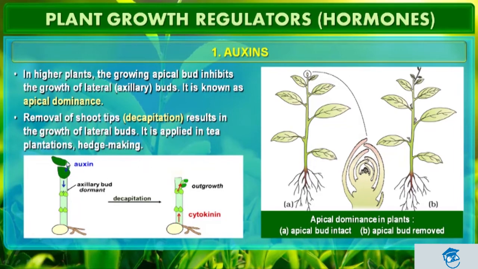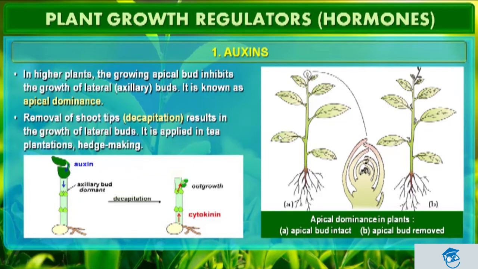See, this is the auxin which is present at the tip of a plant. Obviously, when auxin is present at the tip of a plant, then it shows apical dominance. That means it does not allow a lateral or axillary bud growth. So when auxin is present at the tip, then the axillary bud remains in the dormant position.